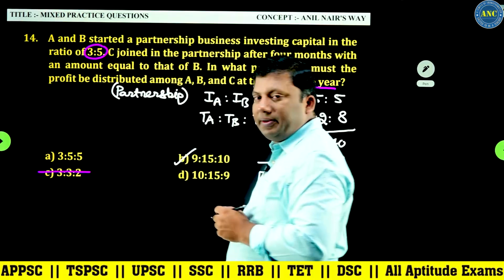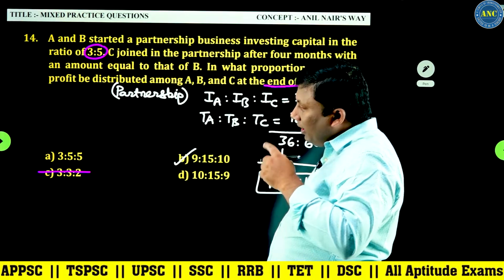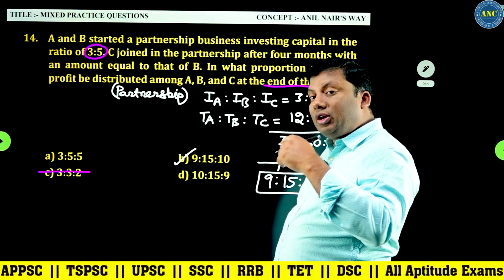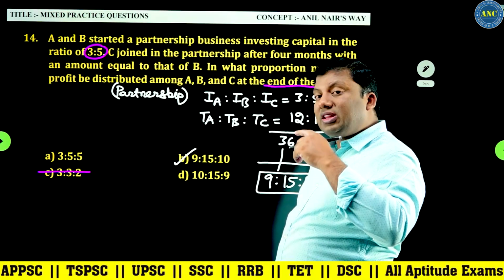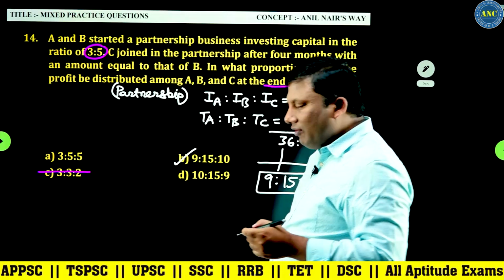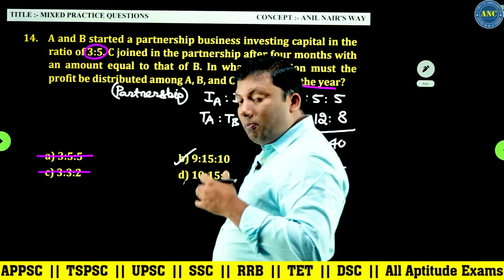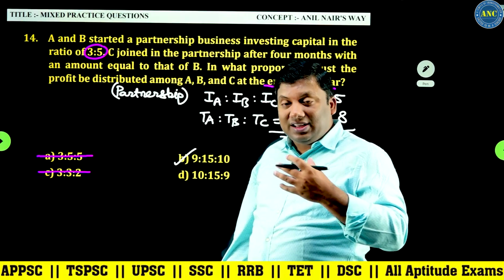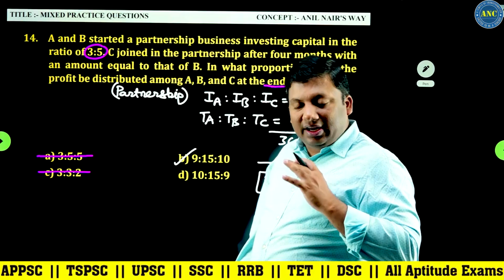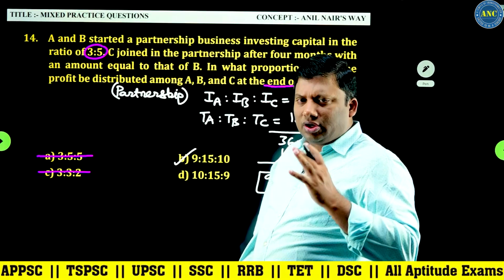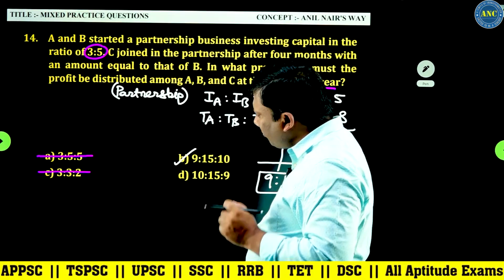Option C is out. Since B invested the amount for 12 months, C invested the amount for 8 months. Obviously, B should get more money than C. B's time period investment is greater than C's time period investment. Obviously, B should get more profit than C.